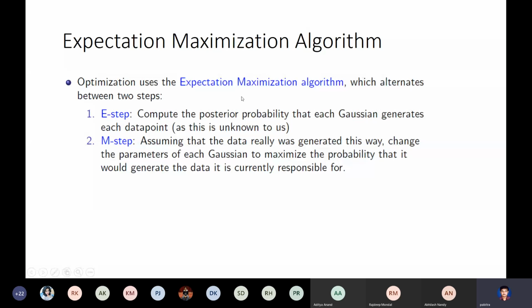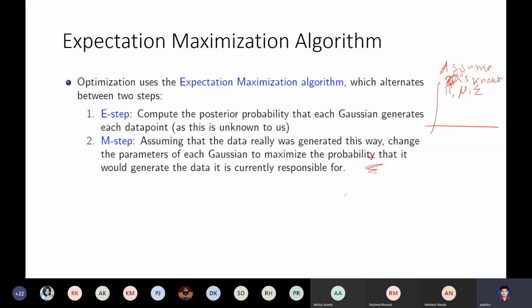So what we do in the E step is the following. Assume pi, mu, and sigma are known in the E step.